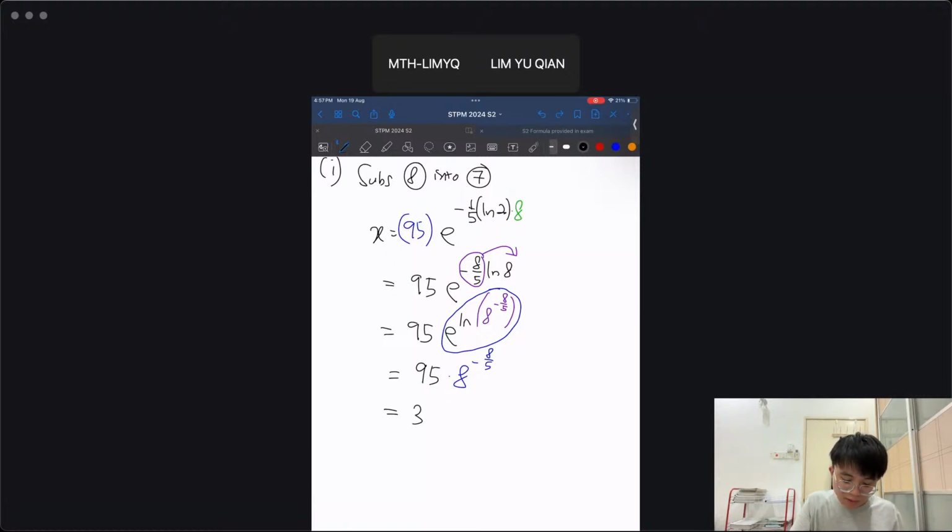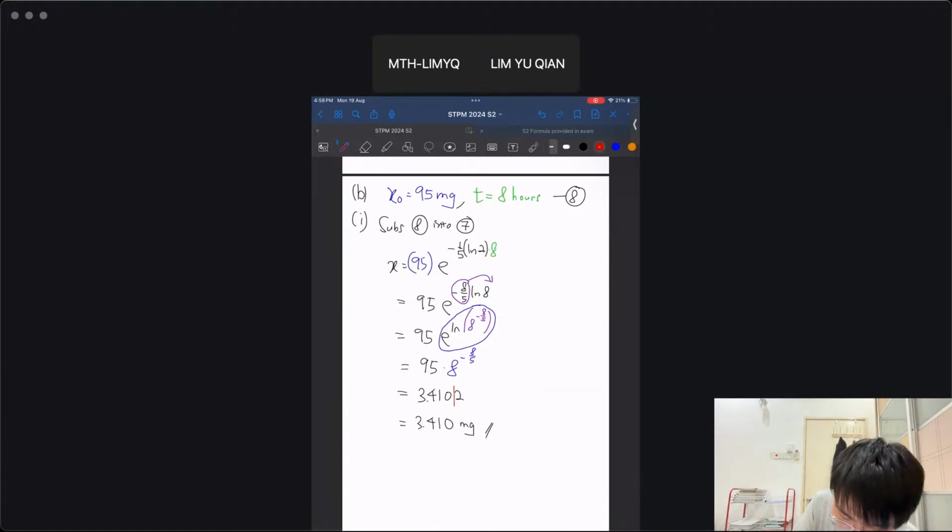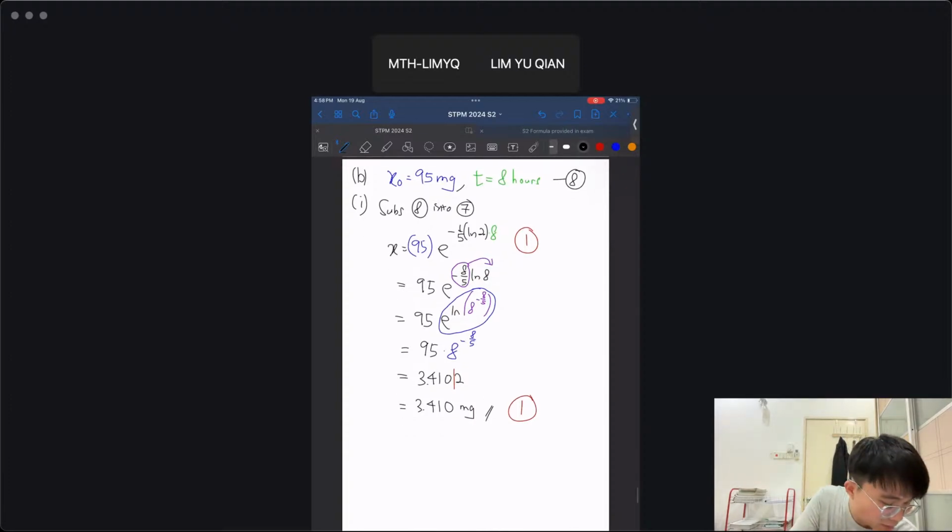You can give decimal number 3.4101. So let's round off to 3 dp. 3.410 mg. So that's the two things. If you know the condition and you can substitute and calculate the final answer correctly, that will give you another mark.